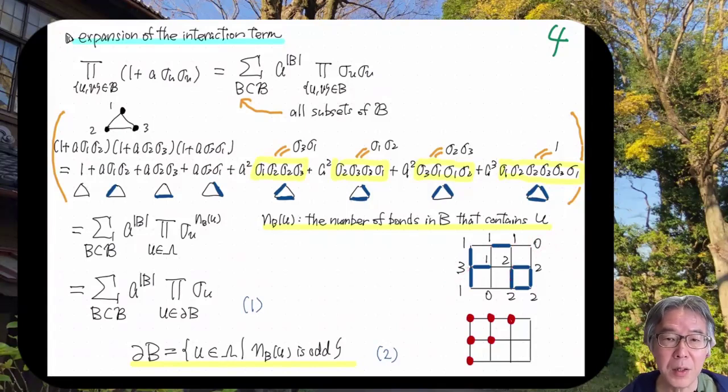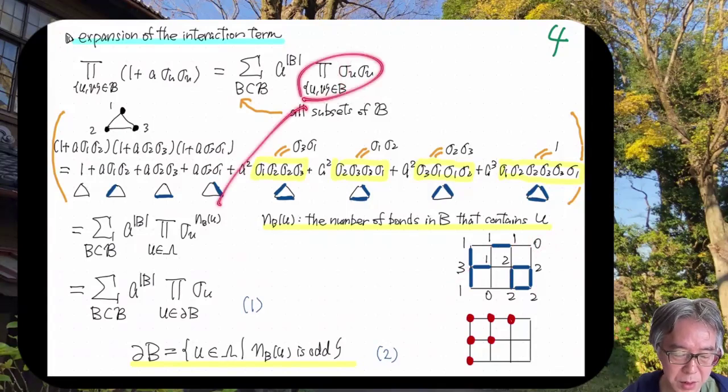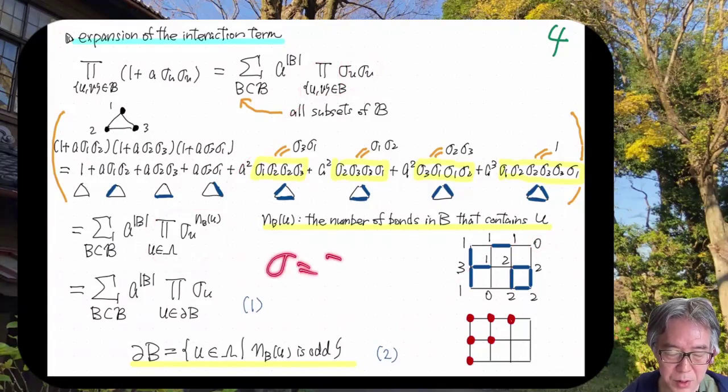Of course, this means how many times sigma_u appears in this product. So you can rewrite this in this way. Furthermore, since sigma is either plus or minus 1, if it has even power, it is the same as nothing.